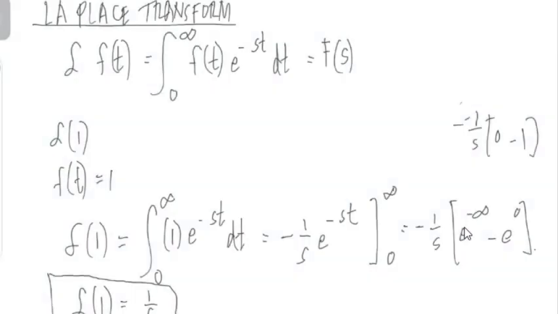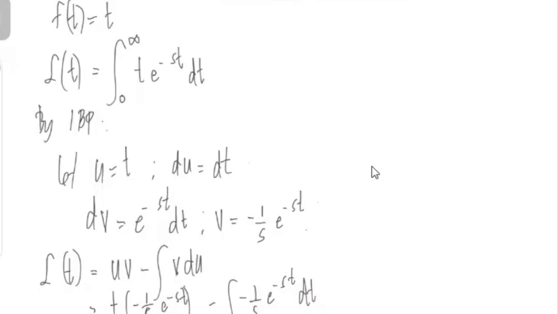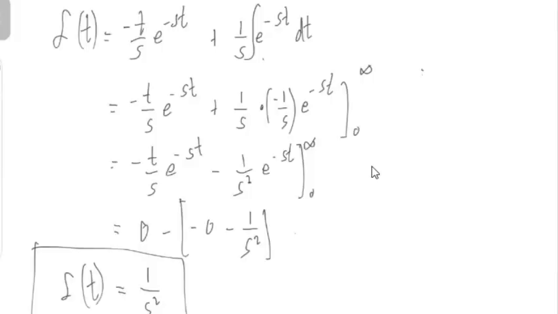Hindi ba ang sabi dito, the Laplace transform of a function of t is the integral from 0 to infinity of a function of t e to the negative st dt. Pagka na-evaluate natin yung integral, ang lalabas, function of s. Tingnan ninyo yung Laplace transform ng 1: 1 over s, a function of s. Laplace transform of t, 1 over s squared.